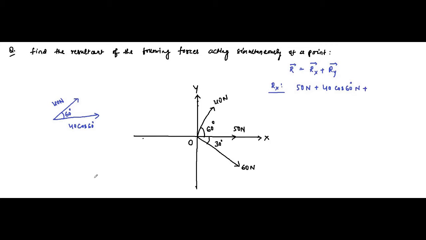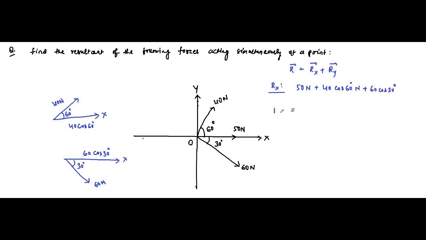And then we have to find the x component of this 60 Newton force along the x-axis, and that is equal to 60 cos 30 degrees.